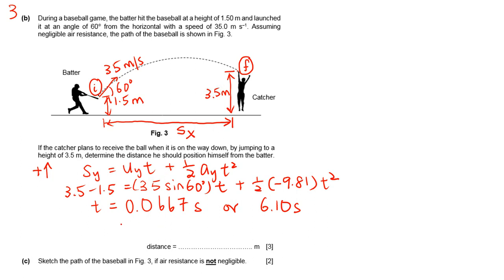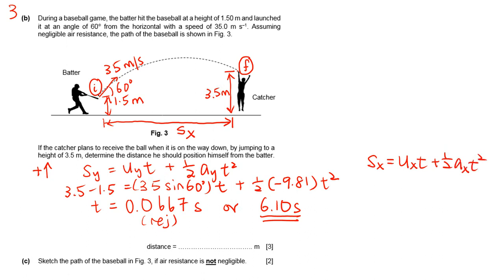The first answer, 0.0667 second, will be the time when the ball is still moving up. Therefore, I will reject this. 6.10 second is when the ball is on its way down. So I accept this. In order to find Sx, I will use this formula, ux t plus half ax t squared.